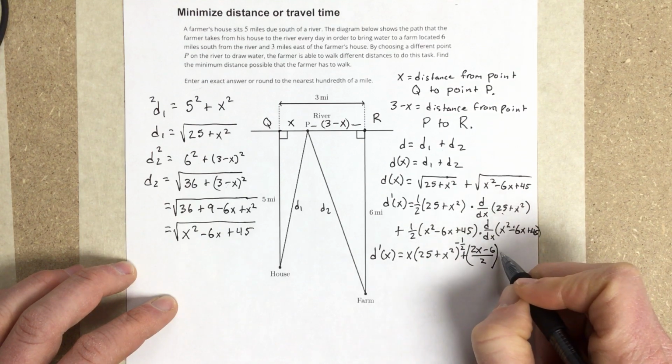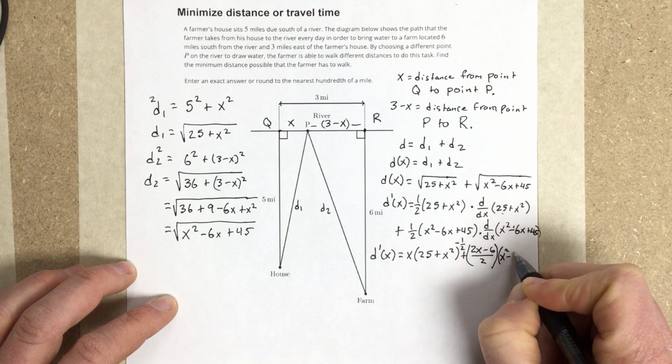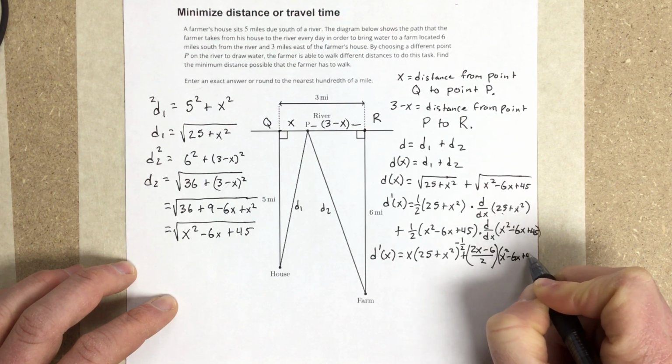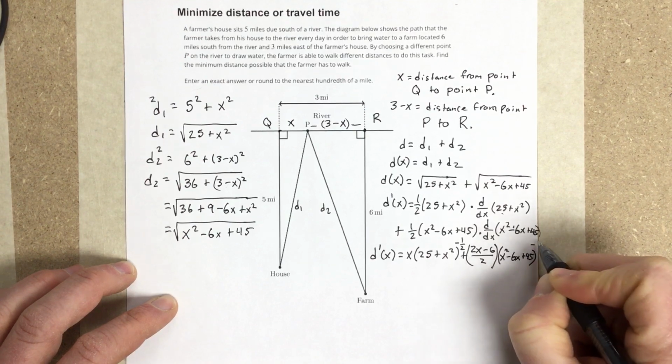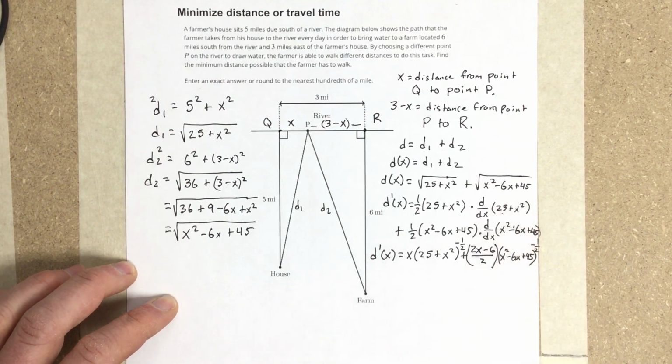So this is times (x squared minus 6x plus 45) to the negative 1/2. So let's rewrite these.